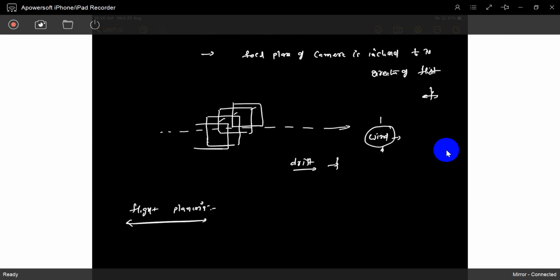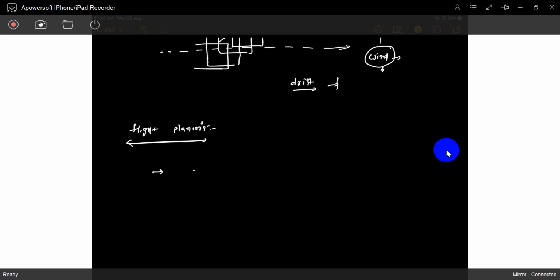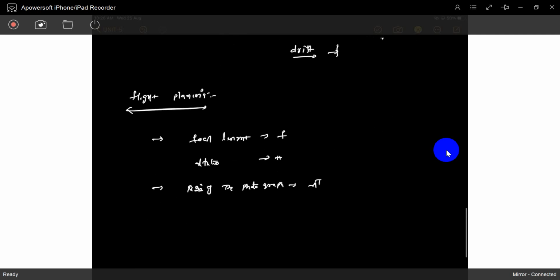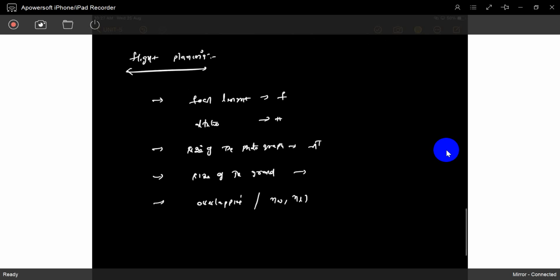If we have the data: focal length f, altitude H, size of the photograph, size of the ground area, overlapping NW or NL. Okay.